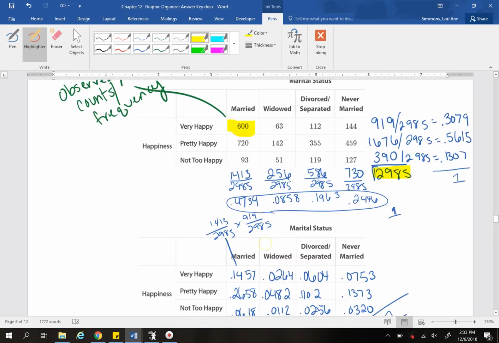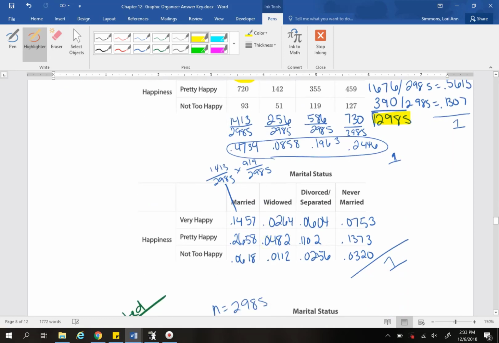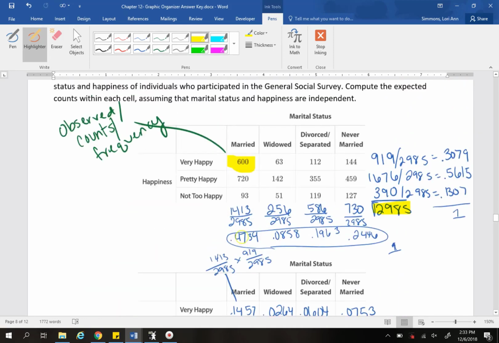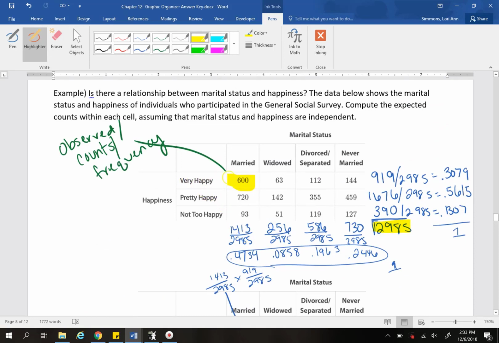So what that means is that we expect about 435 to be married and very happy, but in reality we observed 600, which is quite higher. So this had the largest expected observed difference.